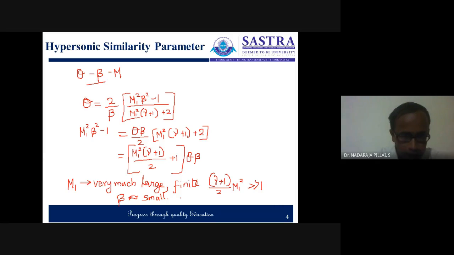When beta is small, we can write M1 square beta square here. This component is very much large when compared to 1.